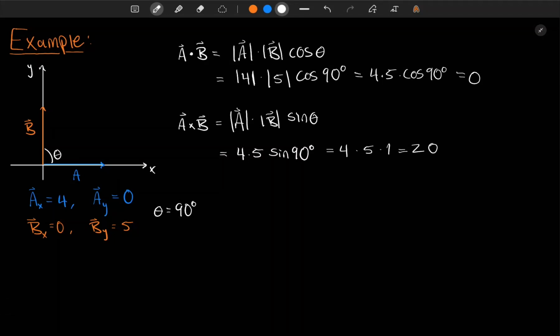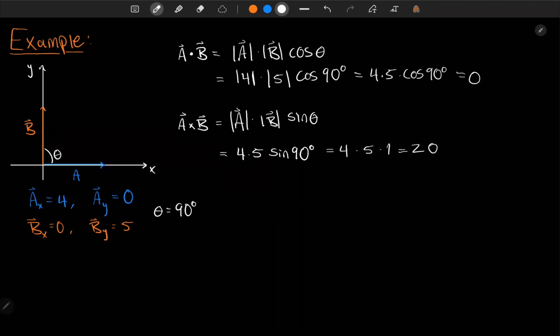Then, rotate your hand so that your palm is pointing in the direction of B. When you do this, you see that your thumb points up. So, here, since we're on this screen, the direction of A cross B points out of the screen. It points up towards you.